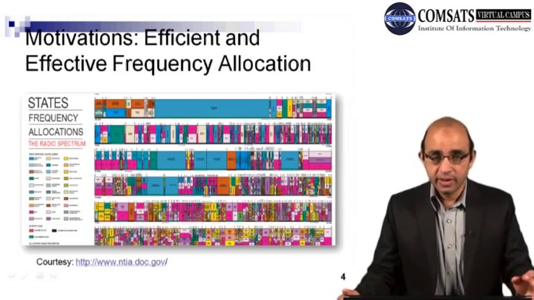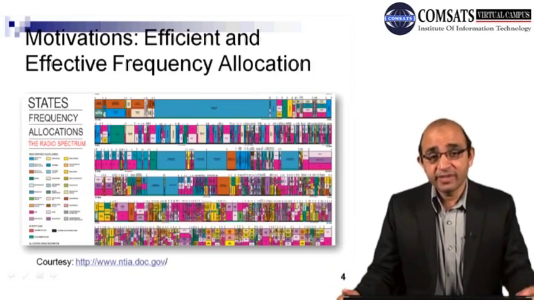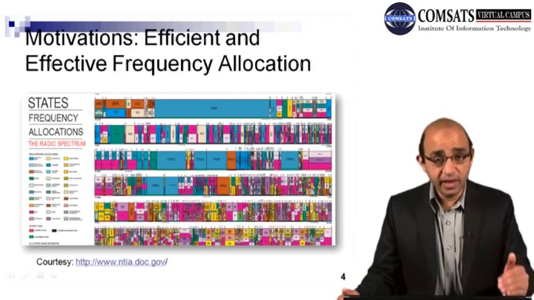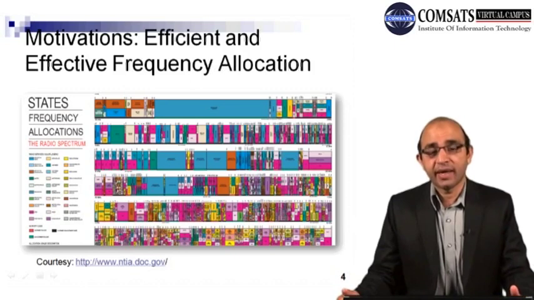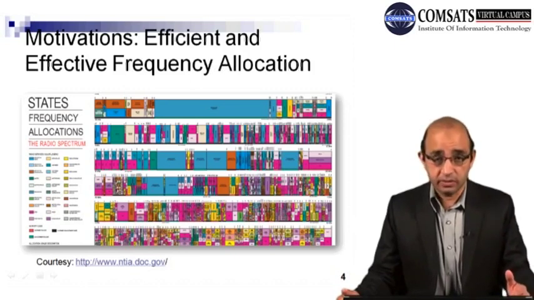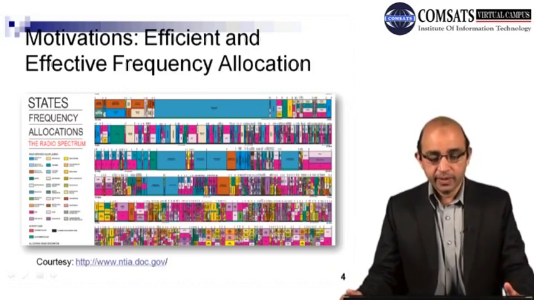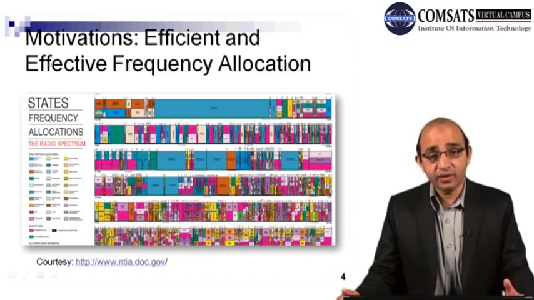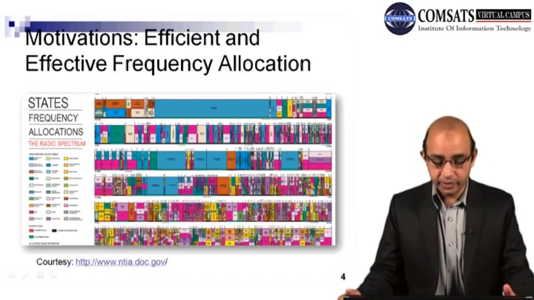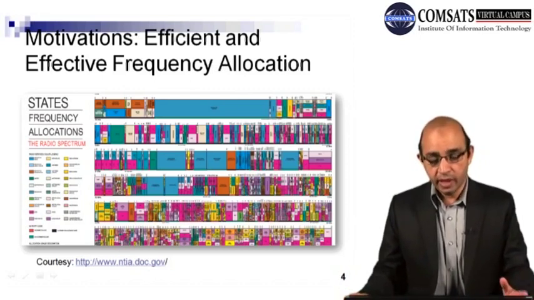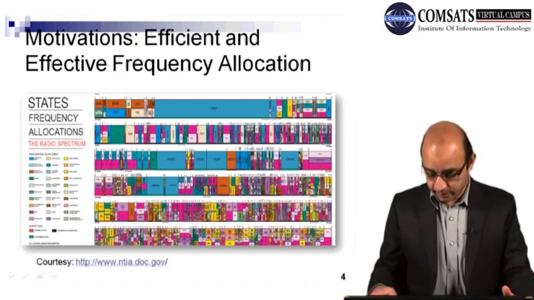If this resource is not being used efficiently, then the nation, the country, has to bear great loss. So effective and efficient frequency allocation and frequency use. I'm not talking about the reuse, I'm talking about the allocation.